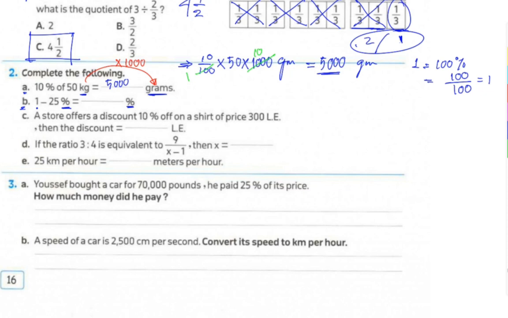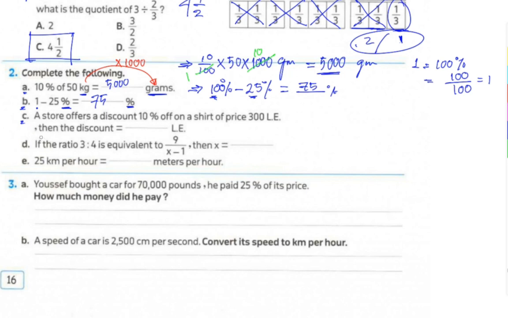Okay, now this question will be 100% minus 25% equals what percent? So I will just subtract 100 minus 25 and that equals 75.